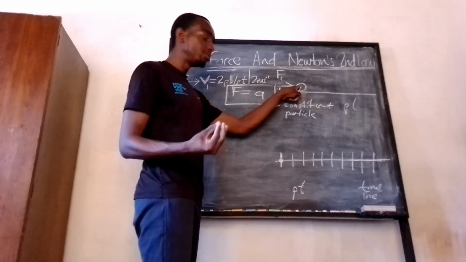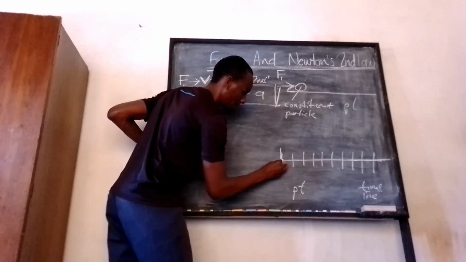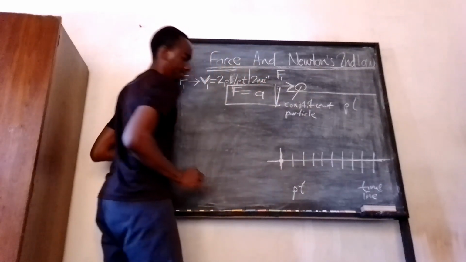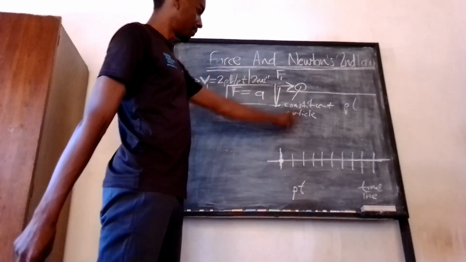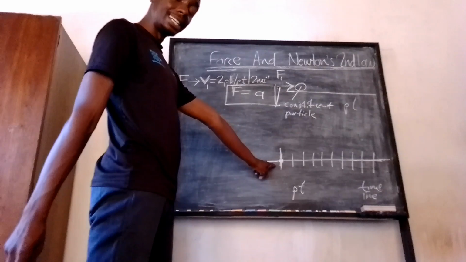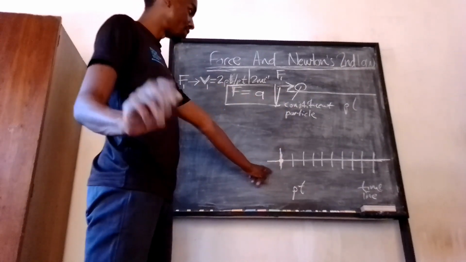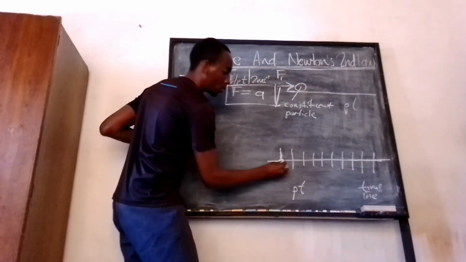But in what time duration? Now, let's come here. This is our reference point. Say when the body is here in relation to time, we have not yet applied our force. The following instant in time is this one.